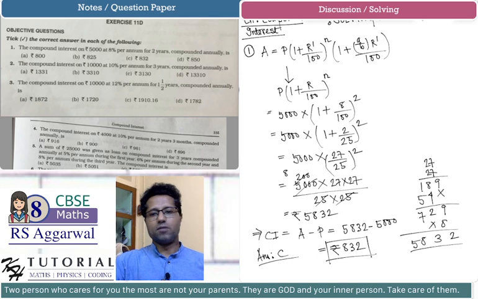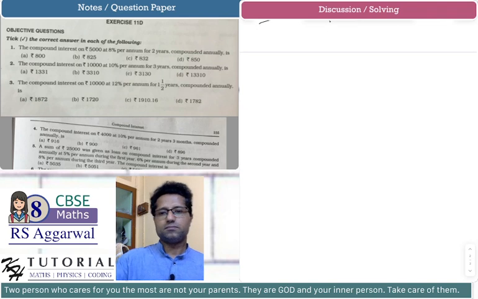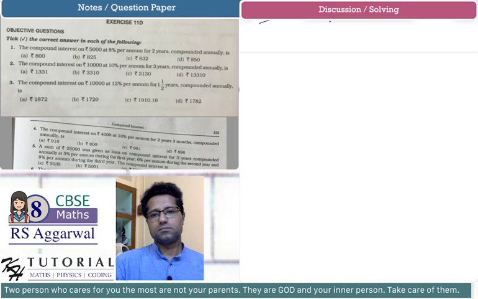Let's do problem number 2. The compound interest on 10,000 at 10% per annum for 3 years compounded annually is.